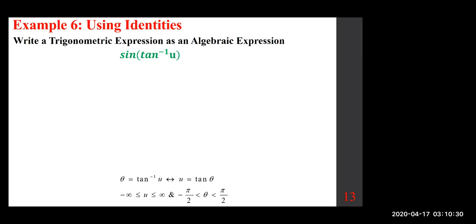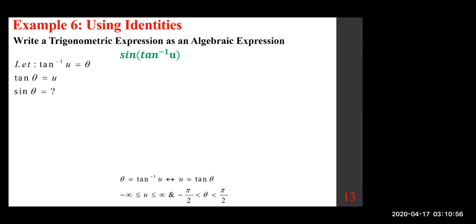So first things first, understand this. What is tan inverse of u? I don't know, alpha, beta, gamma, theta, you choose. What does it mean? The inverse definition tells us tan theta must be u. Therefore, sine theta is what we are interested in.